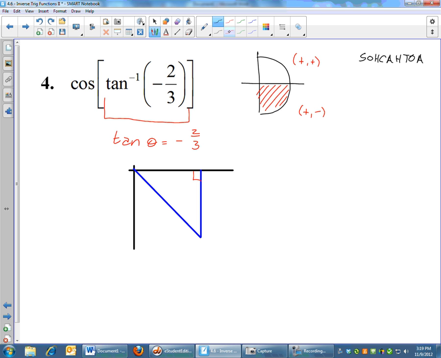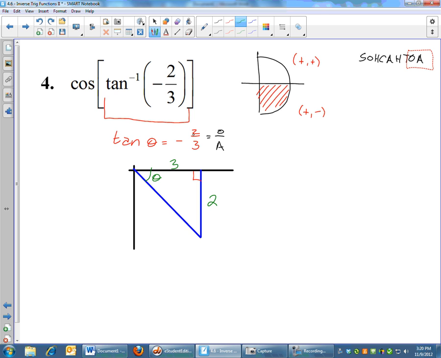Tangent is opposite over adjacent. So I'm looking at this. This means my opposite is 2, and my adjacent is 3. And the angle is always this small angle right here back to the x-axis.